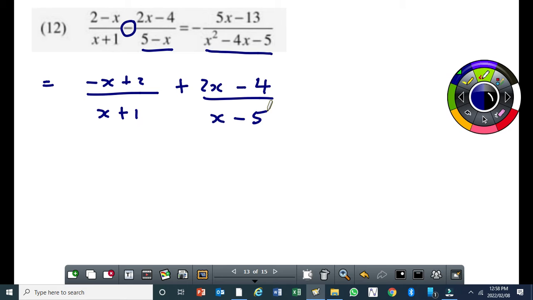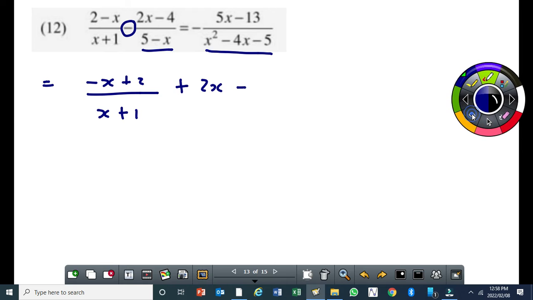I think if I skip a step, I might confuse someone, so let me not skip a step. For the first term, do you understand what I did? Let me rewrite it as it is and go back to the basics.